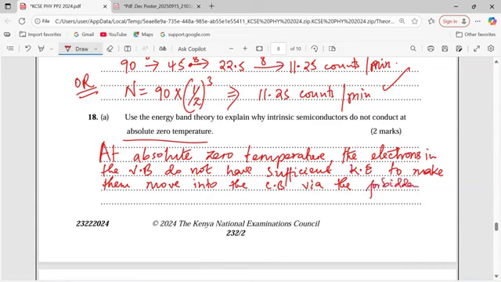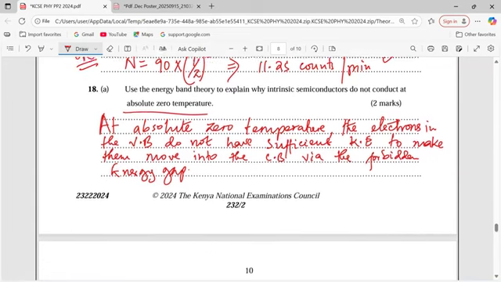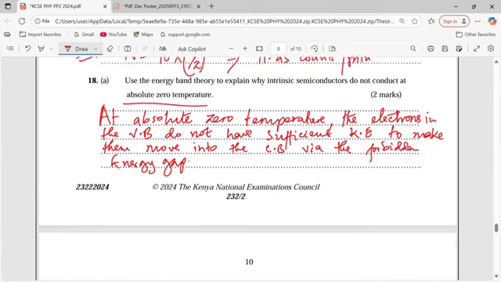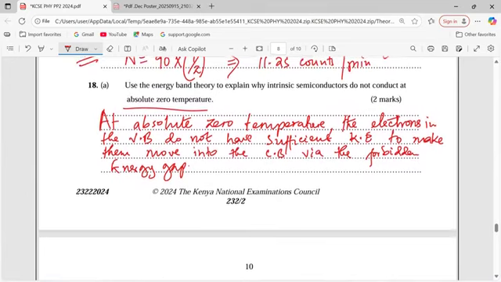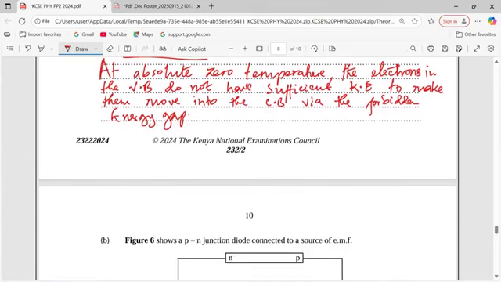So they do not conduct electricity at absolute zero temperature.